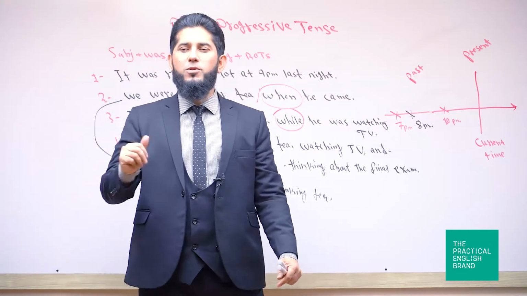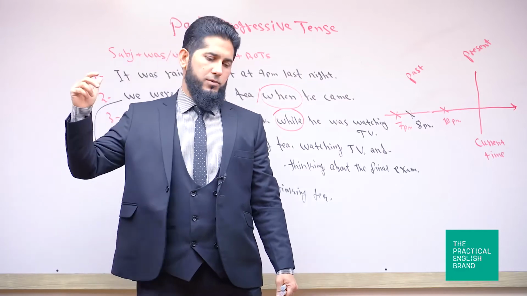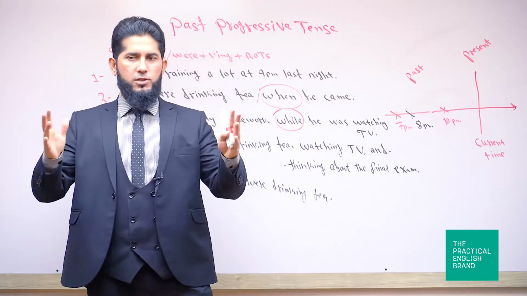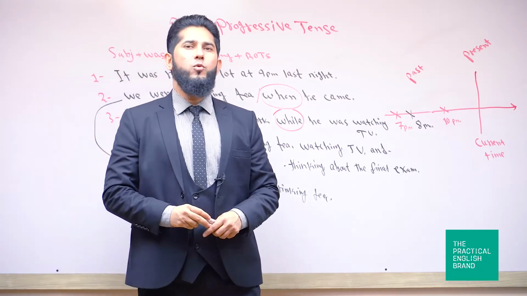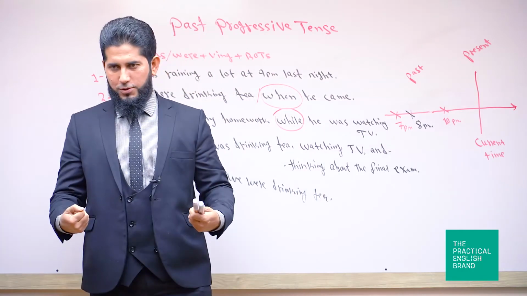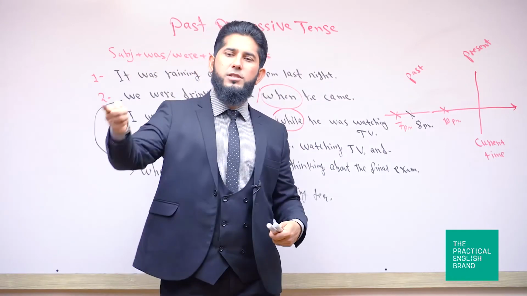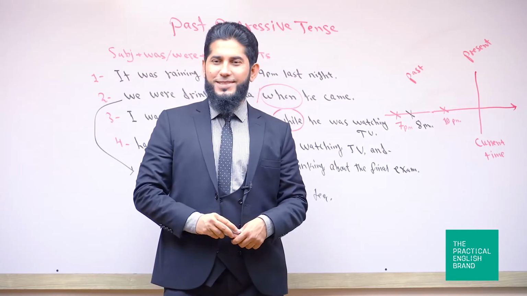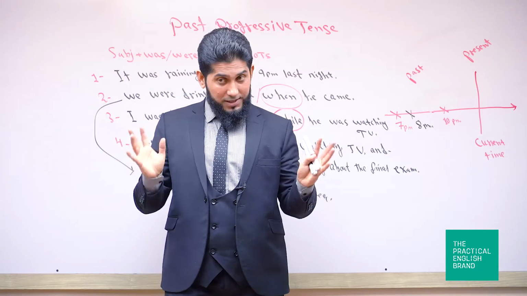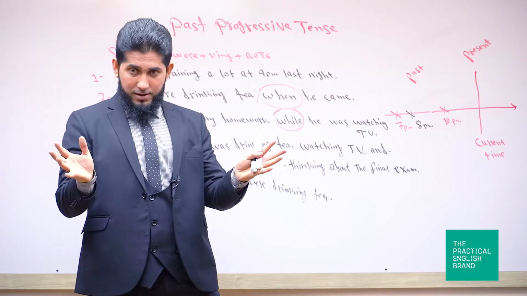Okay, so now you can say, yesterday my brother Shuja was training his students while I was changing my clothes, okay? Or he was training his students while I was talking to Mr. Qari. See, both actions were in progress at the same time and they were not interrupting each other. I hope it's clear. Is it clear?